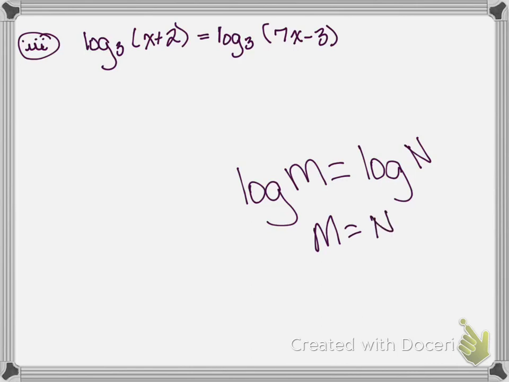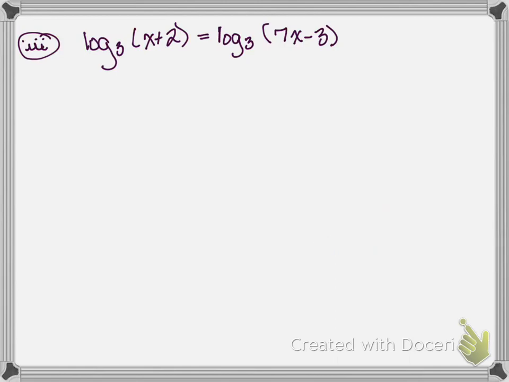So because these logs are exactly the same and they have the same base, I can drop them, and I'm left with x plus 2 equals 7x minus 3.